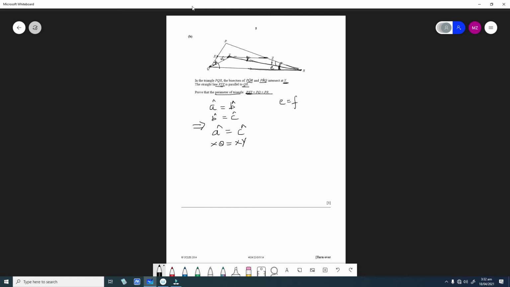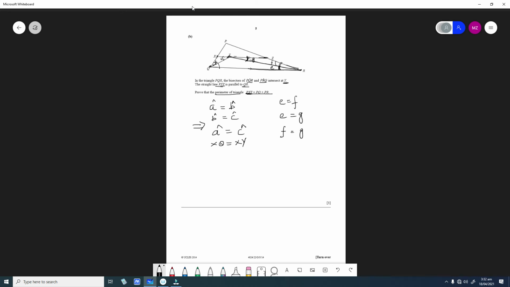This angle may be angle G. So E is equal to G, because the lines are parallel, and if the lines are parallel, then the alternate angles are equal. Therefore, E is equal to G as well.